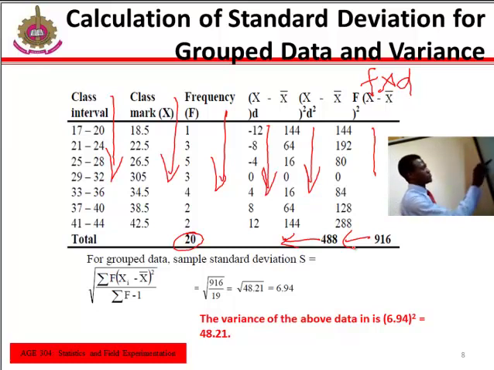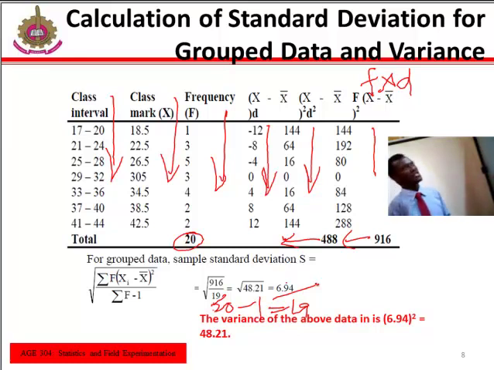We have the square root of summation f into bracket x minus x bar all squared all over summation f minus 1. So that f is 20, and 20 minus 1 is 19. Then you perform the other mathematical operations, and we have our standard deviation to be 6.9.